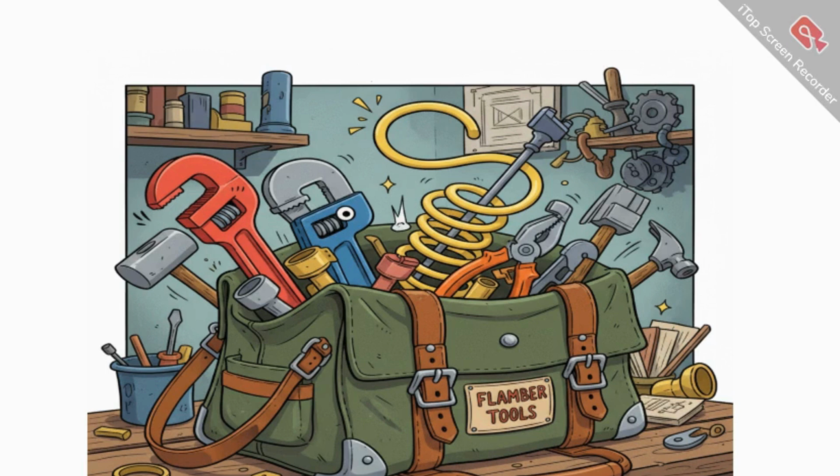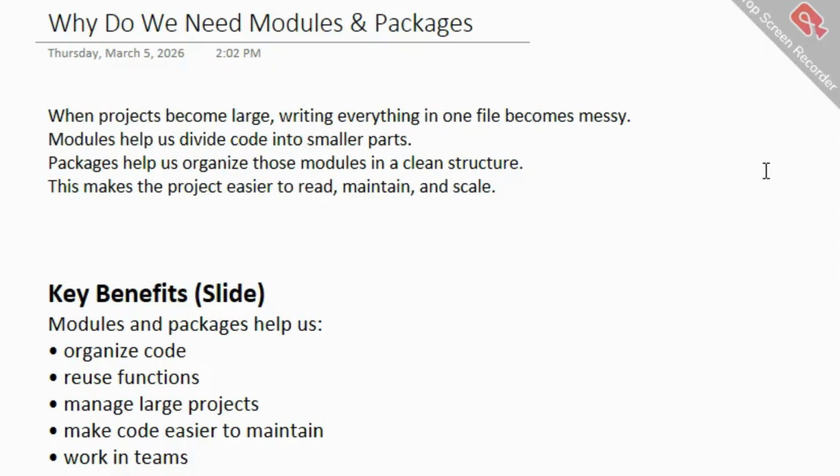So we can say modules are like individual tools, and a package is like a toolkit that contains many tools. This helps the plumber keep everything organized and easy to access. In the same way, packages help programmers organize modules properly.